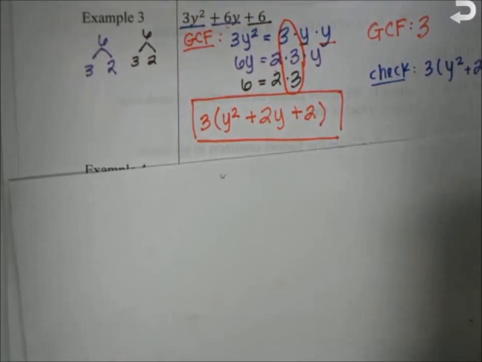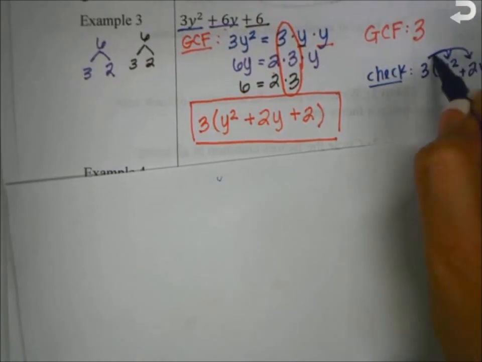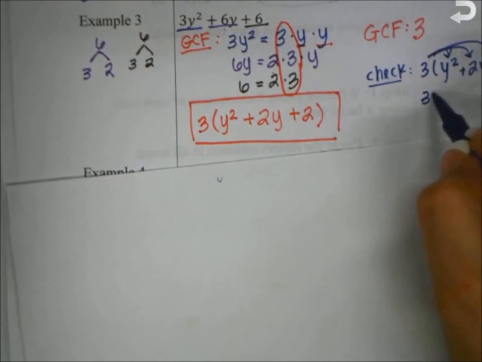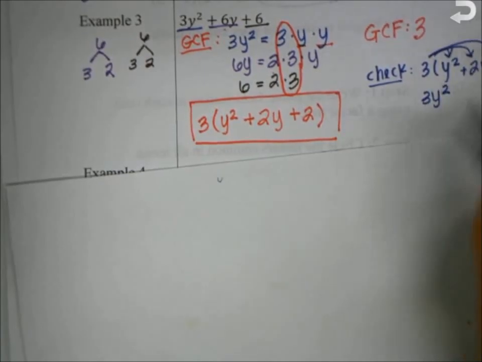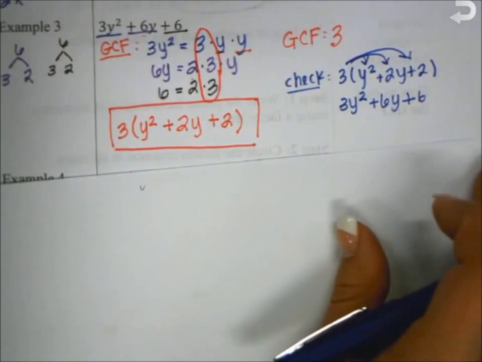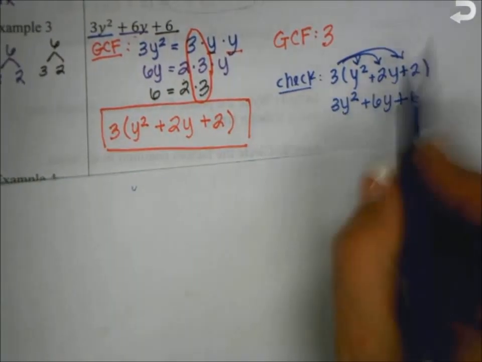So what would 3 times y squared give me? 3y squared. 3 times 2y is 6y. 3 times 2 is 6. Is that what I started with? Yep, that's exactly what I started with, so I factored it correctly. Okay, that's how we check our answers.